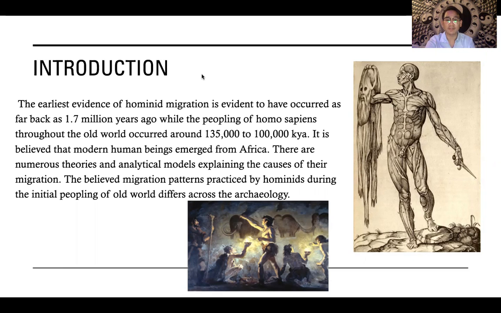It is believed that modern human beings emerged from Africa. There are numerous theories and analytical models explaining the causes of their migrations. The believed migration patterns practiced by hominids during the initial peopling of the Old World differ across archaeology.